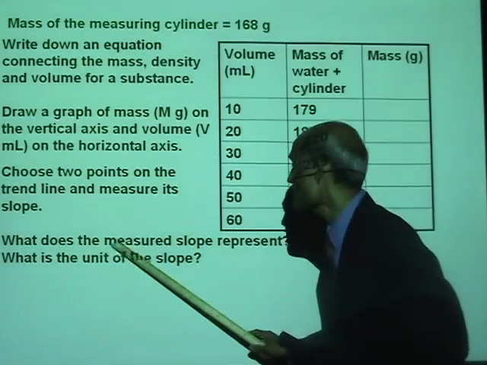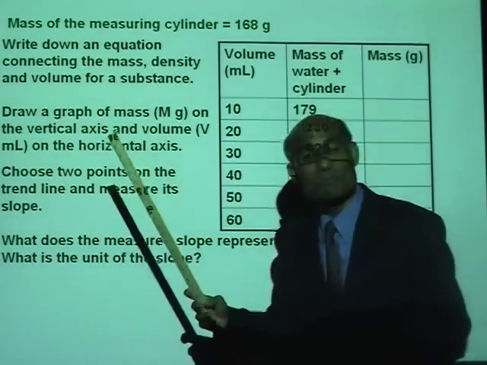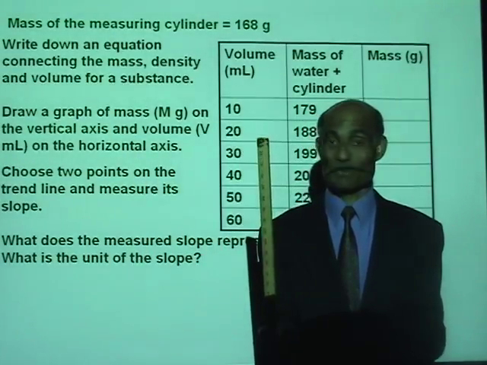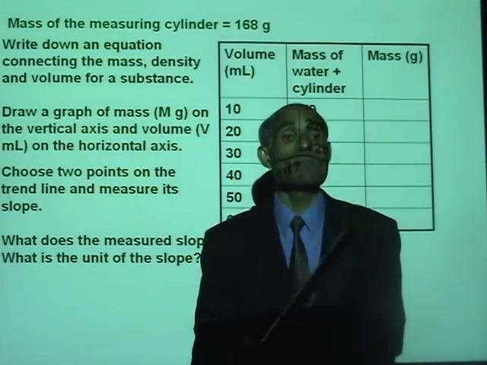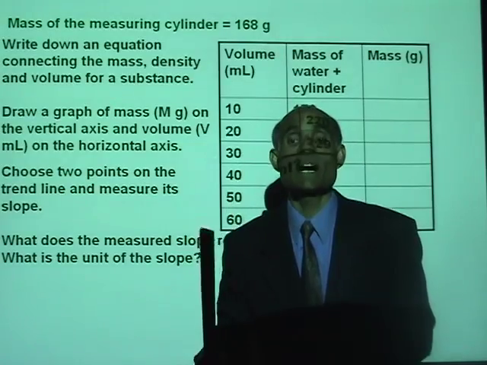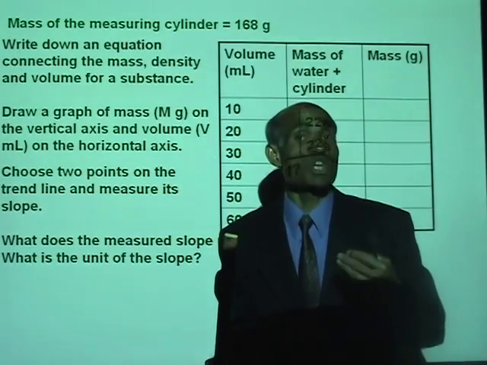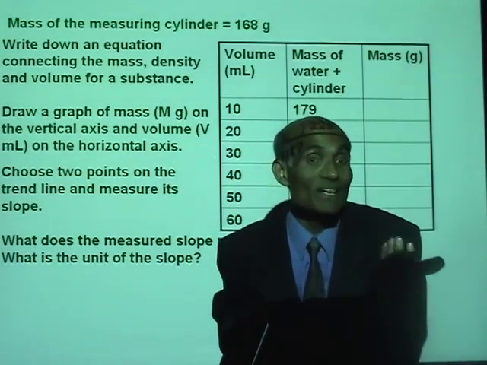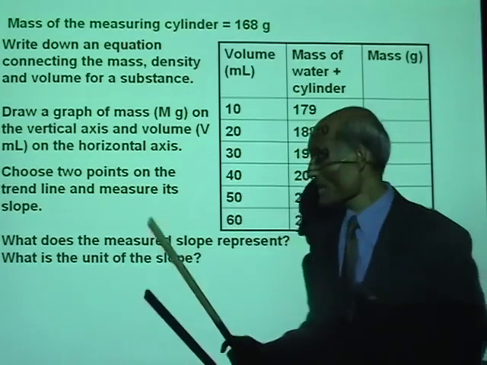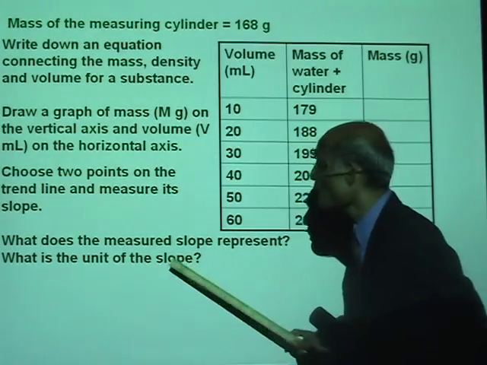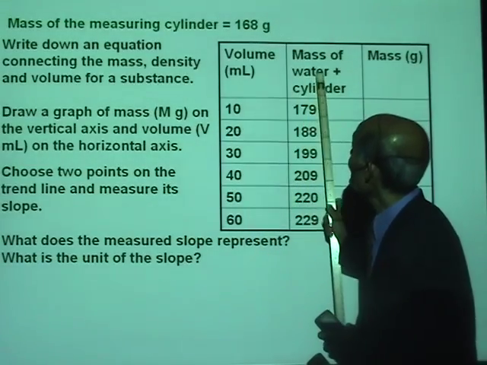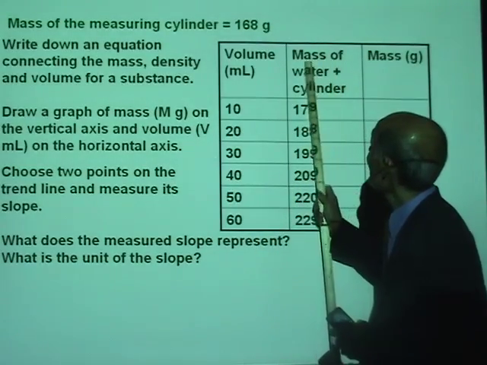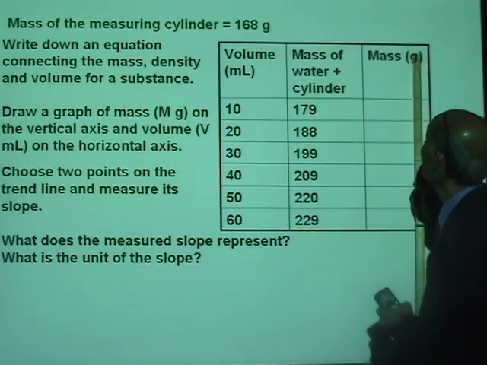Now, what does the measured slope represent? The equation is M equal to D times V. So the slope must represent density. Alright, what will be the unit of that slope? You see, the slope will be delta M. Delta M is measured in gram.